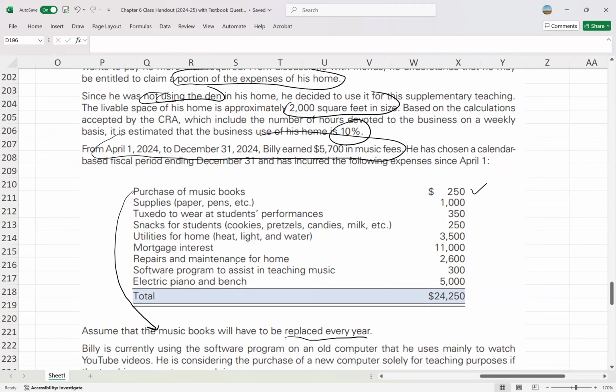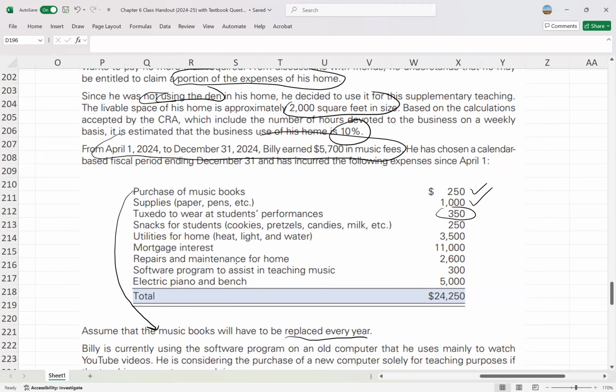The supplies, now generally speaking, he has to use the supplies in order to deduct them, but we're not given any additional information. So we'll just assume that all the supplies that he bought, he used during the year. So that is a deduction as well, the full $1,000. And then there's this tuxedo that he bought to wear at students' performances.